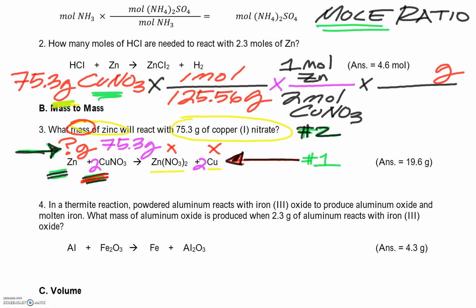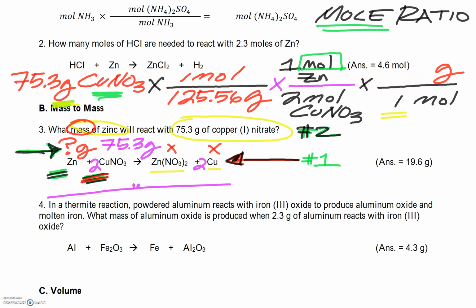We have moles, and we want to get rid of them. See right here? That's moles. We want to get rid of those. So we're going to go to the bottom of our conversion factor, and we're going to put 1 mole. Notice that you still have a mole on every conversion factor. It's just now the mole is not always a 1. So in the past, the mole was always a 1. Now it can be different numbers based upon what's going on in your balanced chemical equation.